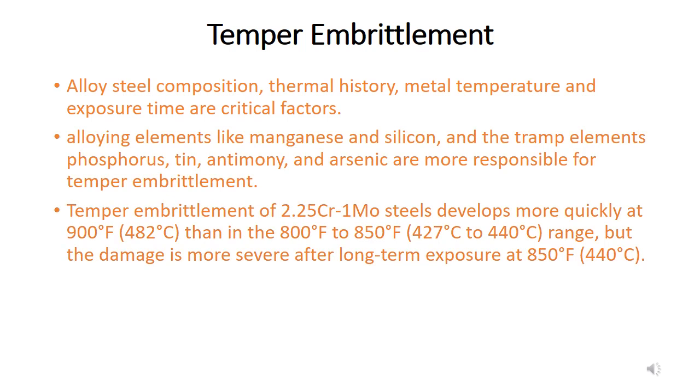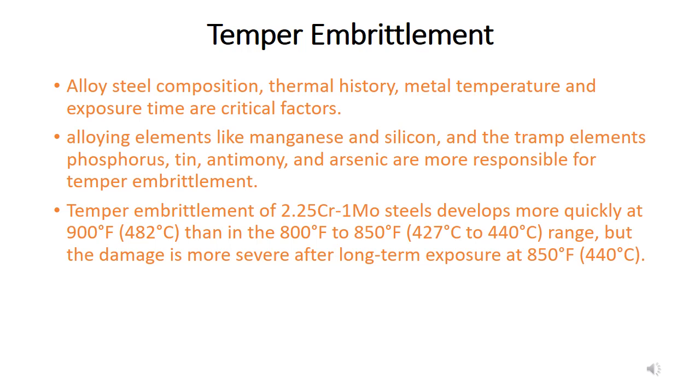Alloy steel composition, thermal history, metal temperature and exposure time are critical factors. Alloying elements like manganese and silicon, and the tramp elements phosphorus, tin, antimony, and arsenic are more responsible for temper embrittlement.